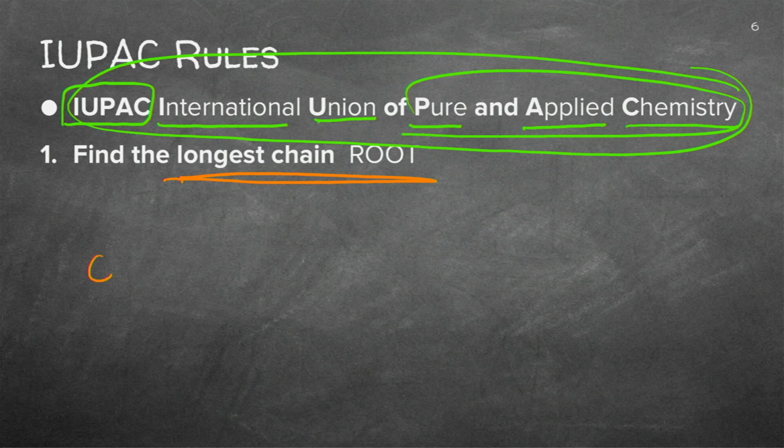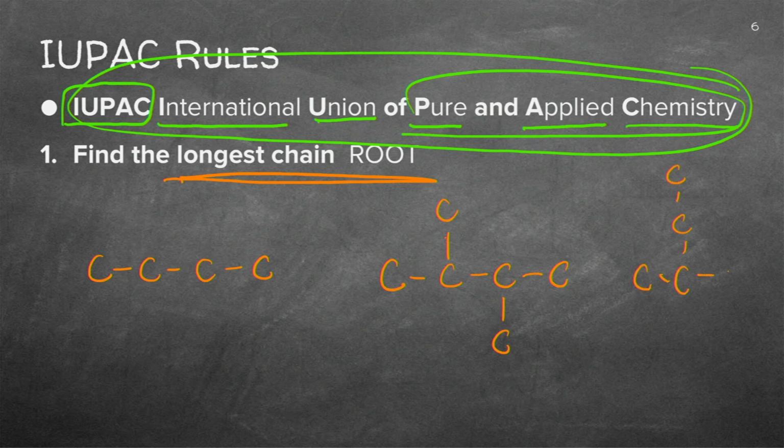Now, let's draw 1, 2, 3, 4. We can draw 1, 2, 3, 4, 5, 6. 1, 2, 3, 4, 5, 6, 7, 8. Can you see I drew a few examples now?